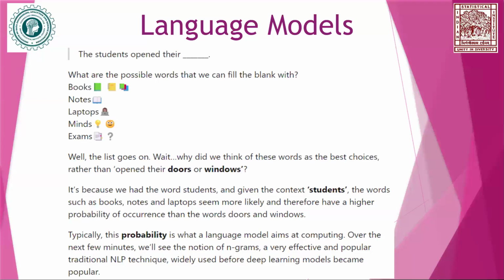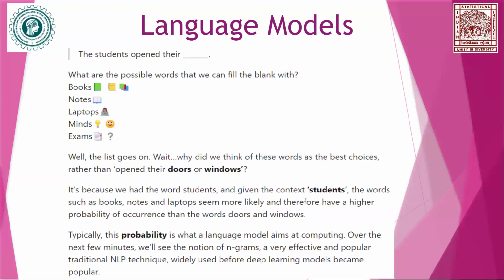So how do you calculate this? How does the software predict which would be the most useful? Please remember that there can be no perfect answer, right? It depends on the context. When I'm typing "the students opened their" and the system is suggesting books, that may not be what I'm trying to write.